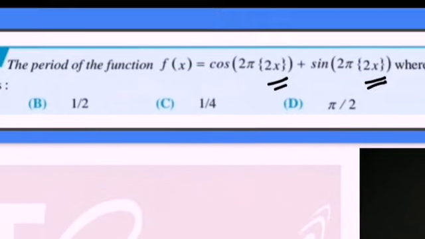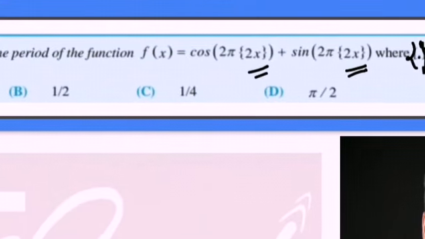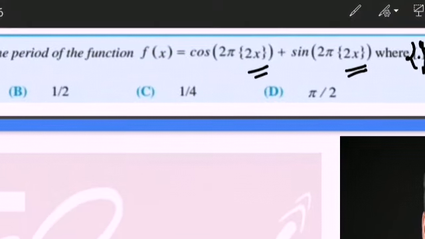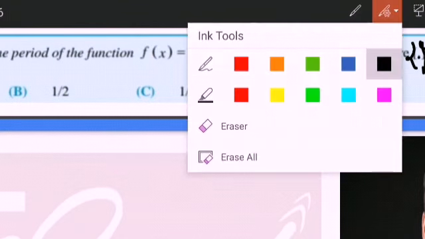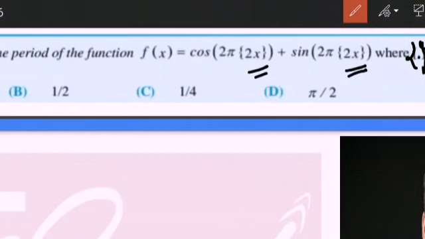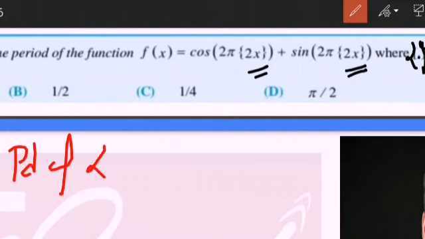It's very easy. You see in this question, cos of 2 pi 2x, although this 2 pi is not participating in the fractional part, as you know. So what we learn is that the period of the fractional part of x, you should know, is 1, correct?